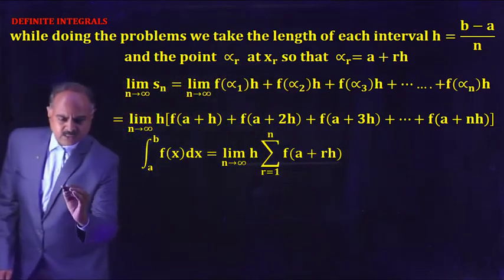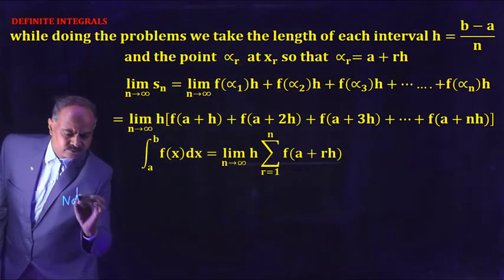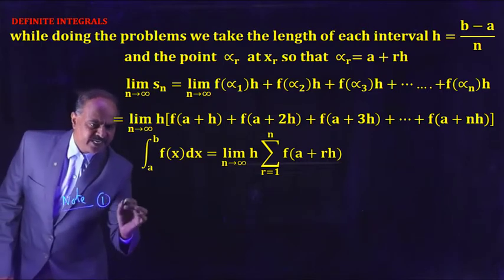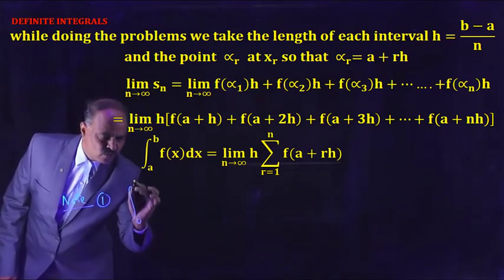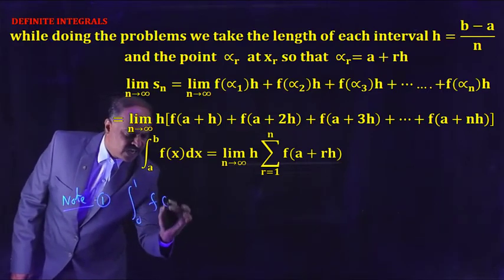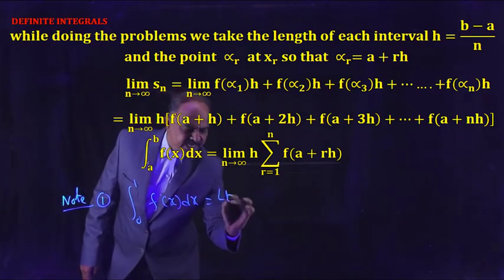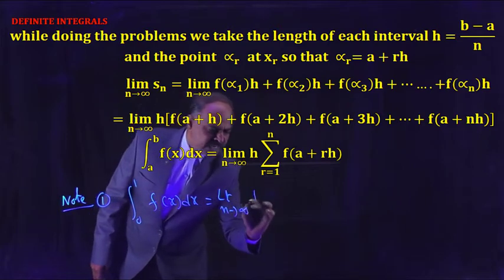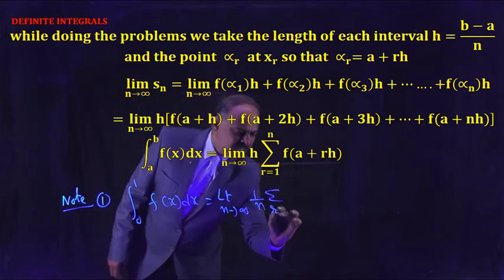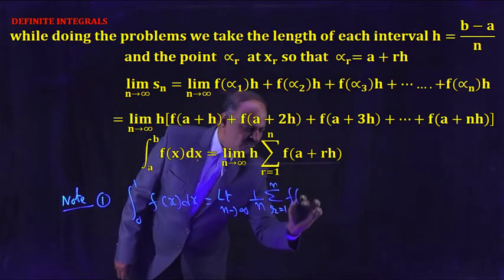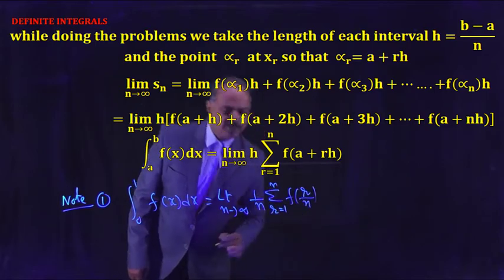So next note integral 0 to 1 f of x dx equal to limit n tends to infinity 1 by n into sigma r is equals to 1 to n f of r by n.